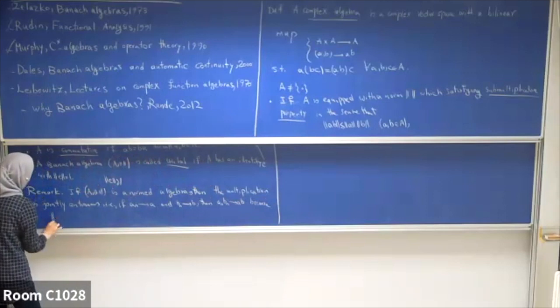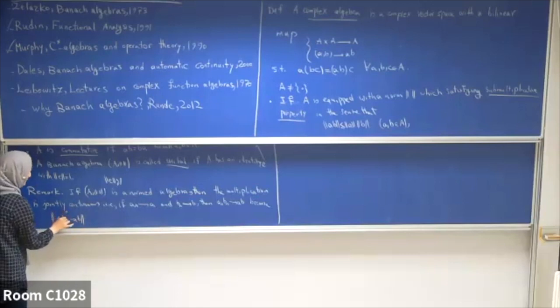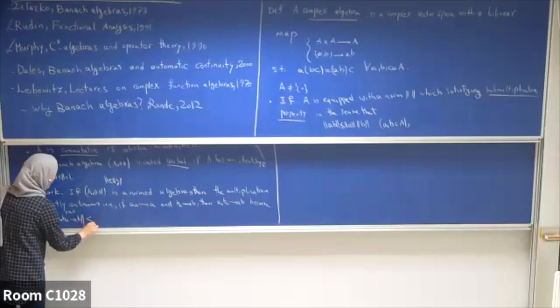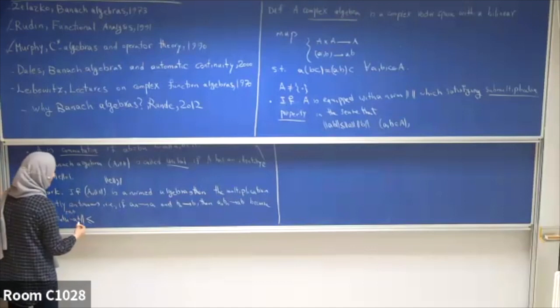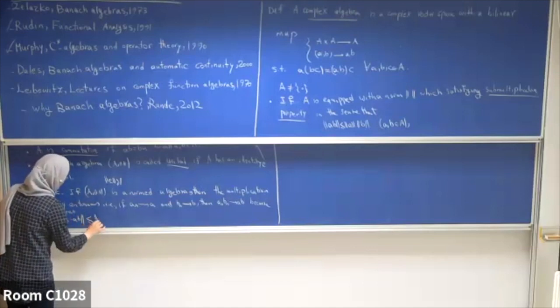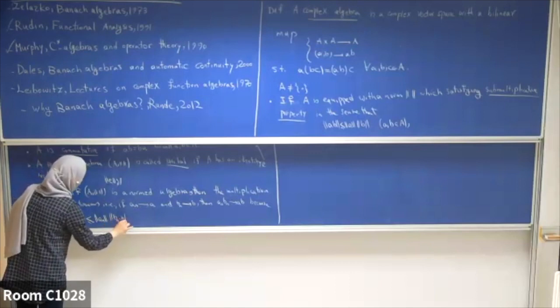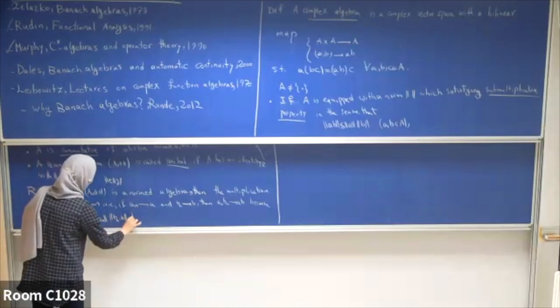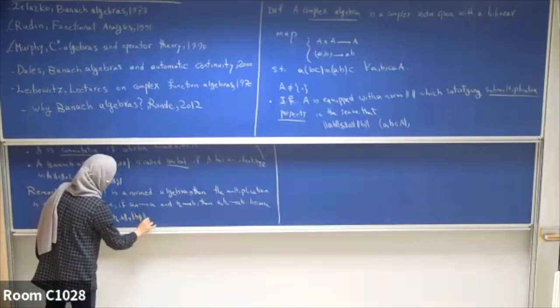Consider a_n b_n minus ab, and let's add and subtract, for example, a_n b. From the triangle inequality and the submultiplicative property of the norm, we have norm of a_n times norm of b_n minus b, plus norm of b times norm of a_n minus a.